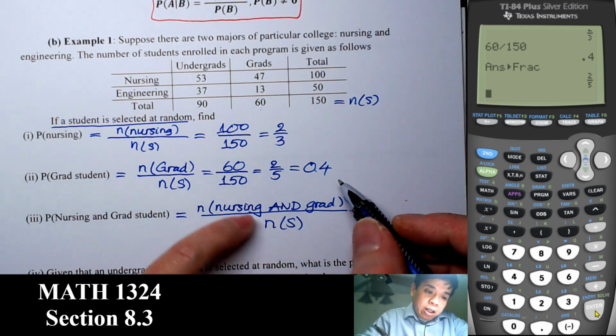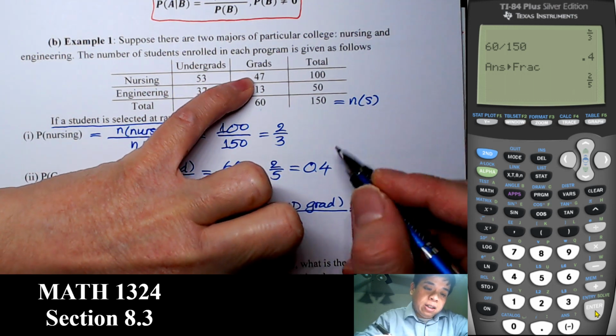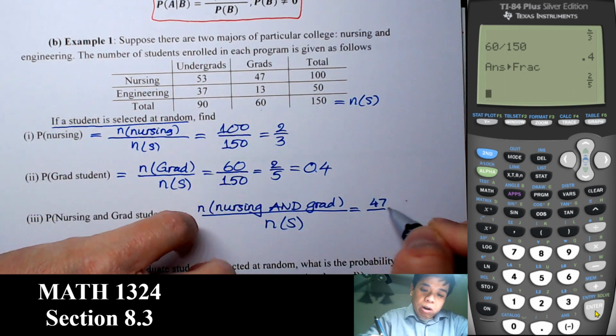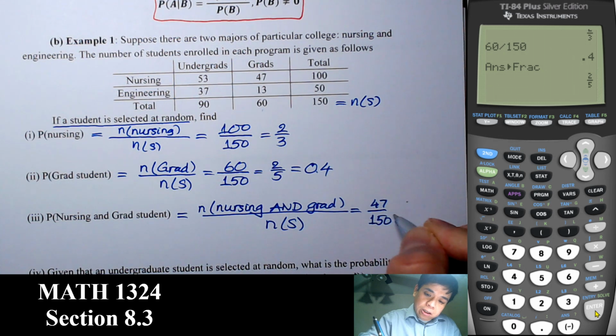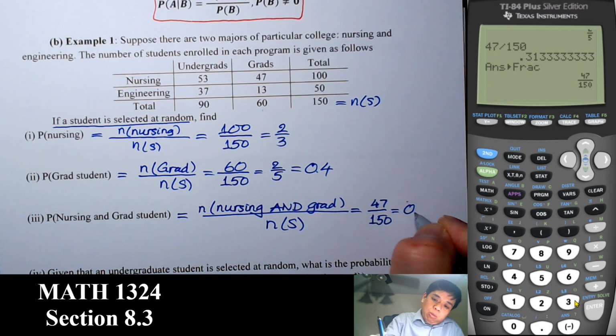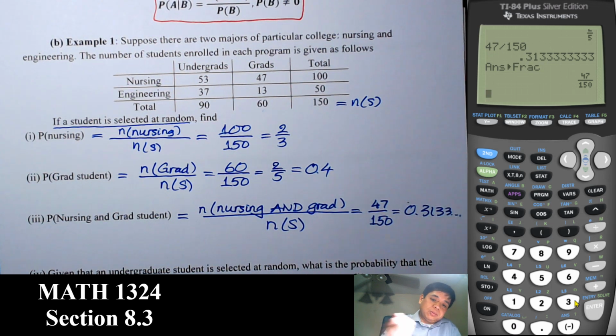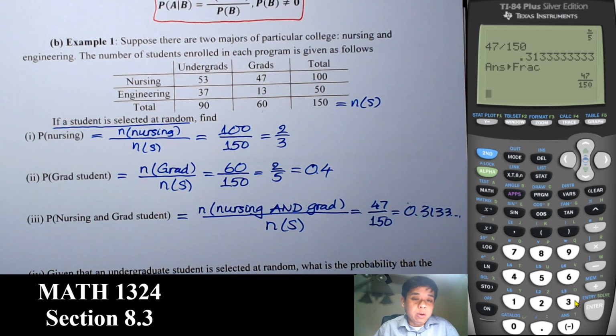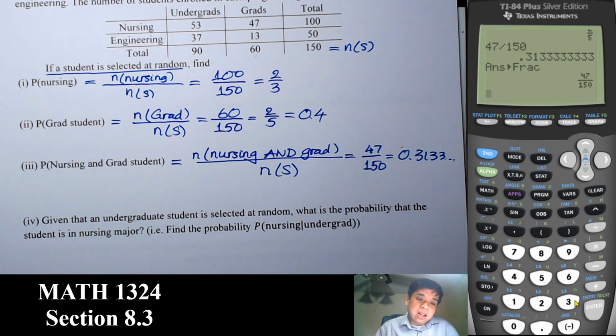So nursing and grad student, they're 47 out of 150. 47 over 150, I think it is already reduced. So that is 0.3133. Right. Just count.